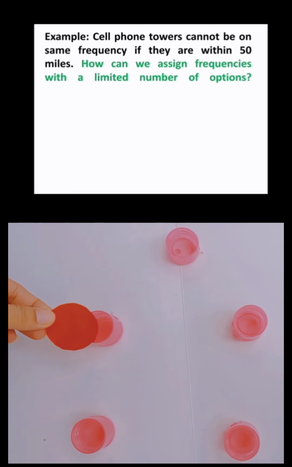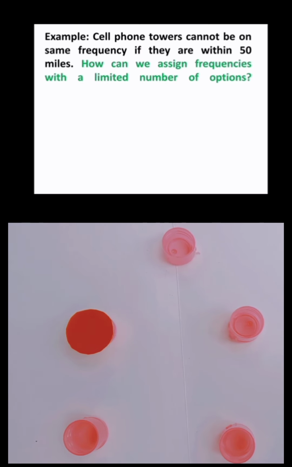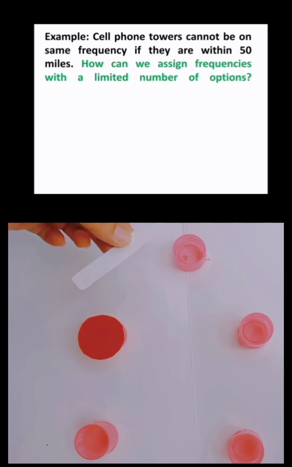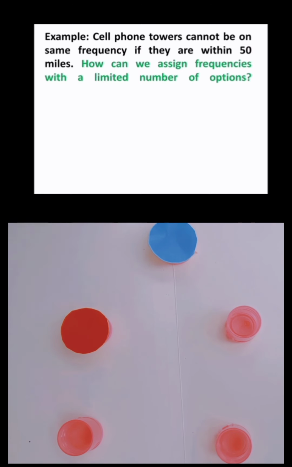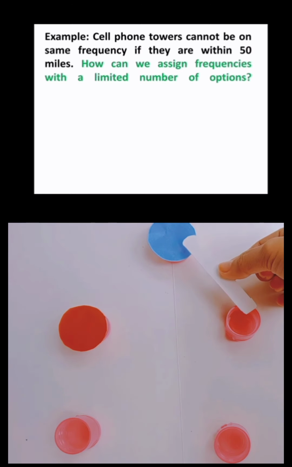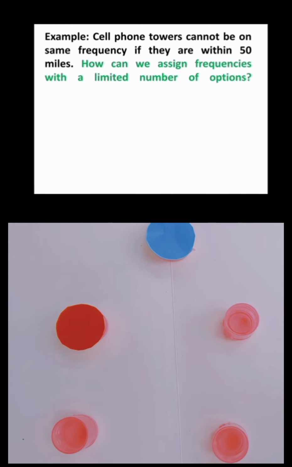So let's start with the frequency of orange. In the second tower, these are too close together, so let's put a different frequency, color blue. In the third tower, they are too close together, so it can't be blue and it can't be red. So let's put another frequency, green.